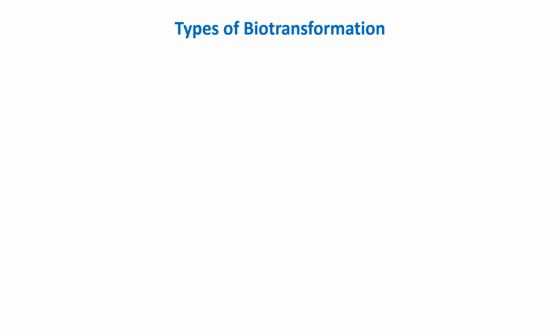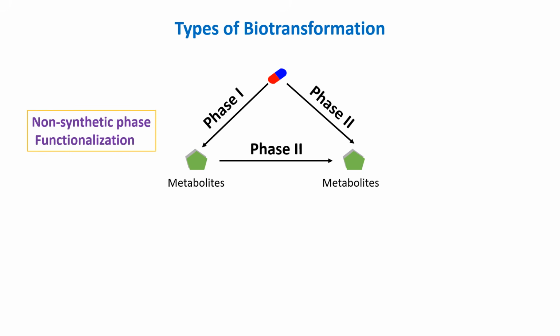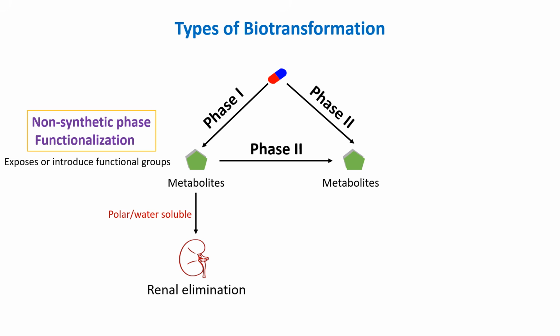There are two phases in biotransformation. These are phase 1 and phase 2 reactions. Phase 1 reactions, also called non-synthetic phase or functionalization reactions, expose or introduce functional groups to increase the polarity of the drug molecules. The increased polarity makes the drug water-soluble for renal excretion.